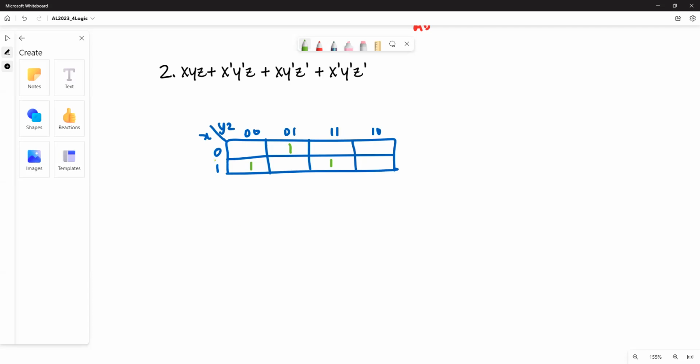Then X bar, Y bar, Z bar. And here is 1. So these are the 4 parts or 4 expressions. And that means all the others should be 0. So we can put 0 for the remaining cells. When you have 3 variables, you can have possibly 8 combinations, but right now we have only 4. So 4 ones and 4 zeros.